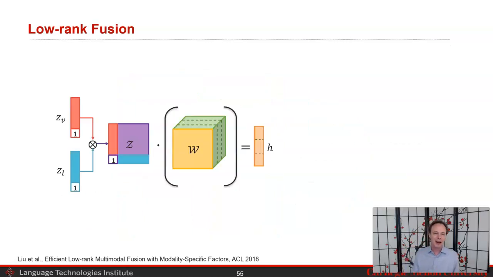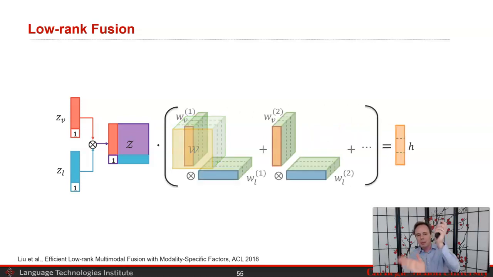I have to thank one of my previous students for this beautiful animation. What decomposing means is that the weight will in fact be decomposed into these two factors. You can see that the factors, if multiplied together, give you back the original matrix, but now you have those two factors. If there were three modalities, there would be three factors.